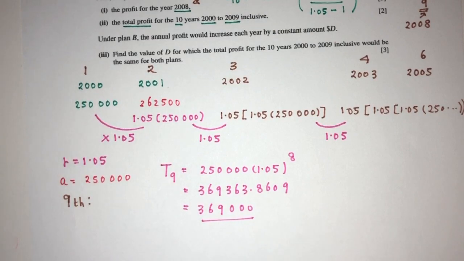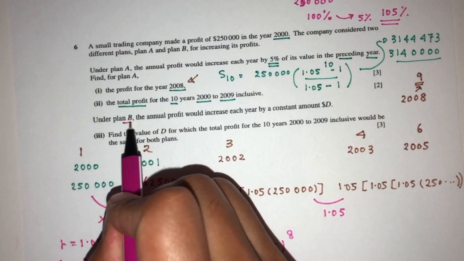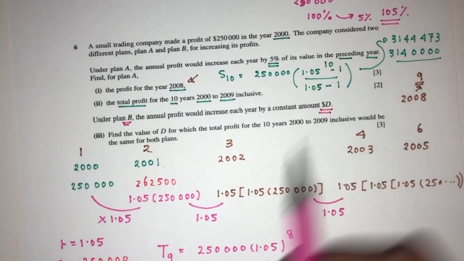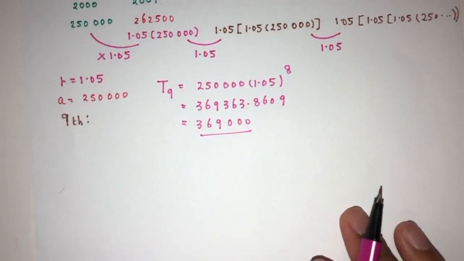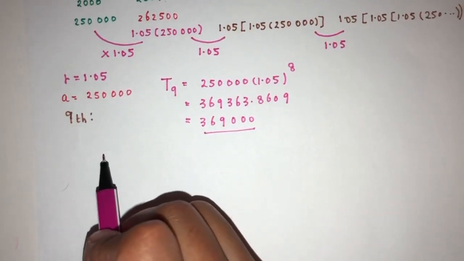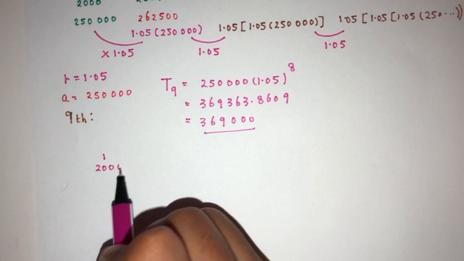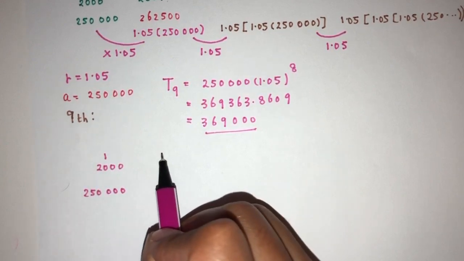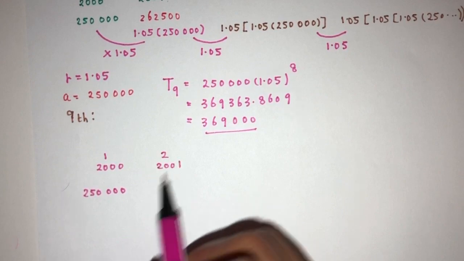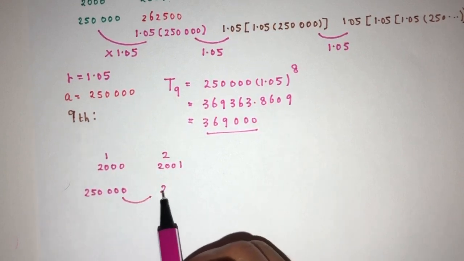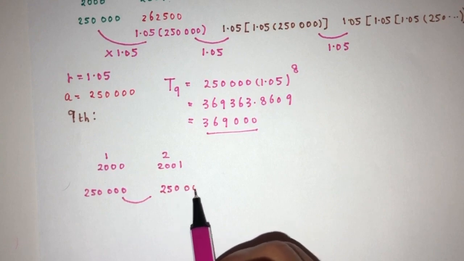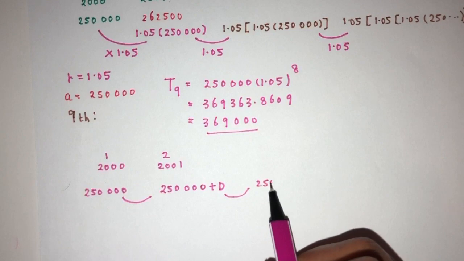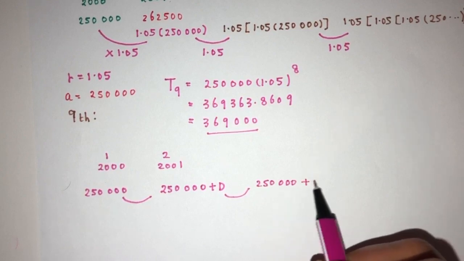Now for part 3, under Plan B, the annual profit will increase each year by a constant amount D. The first term, which is 2000, is 250,000. The second term, 2001, will be 250,000 plus D, and it increases by D again every time, by the same value.